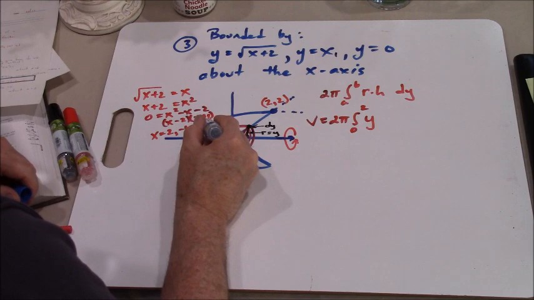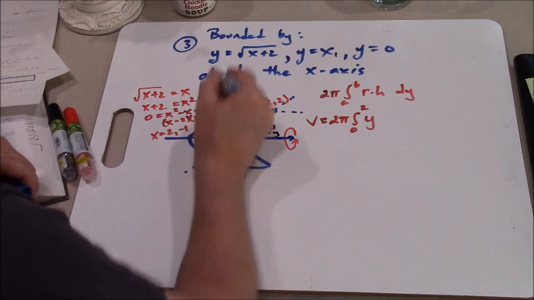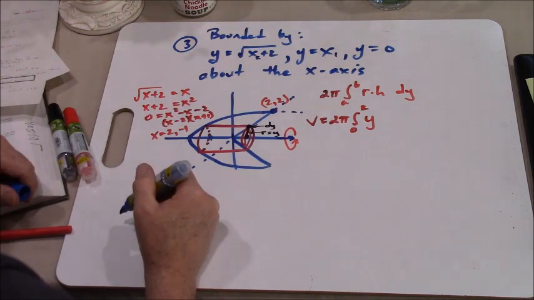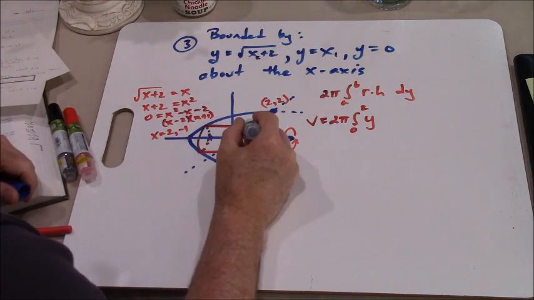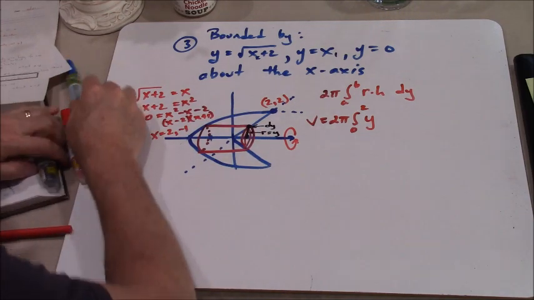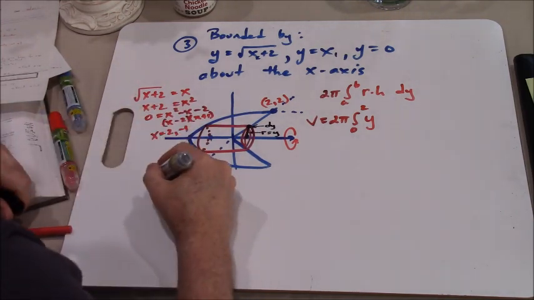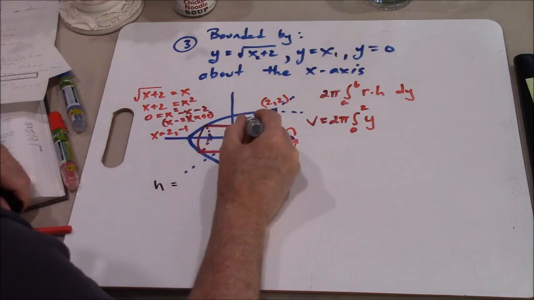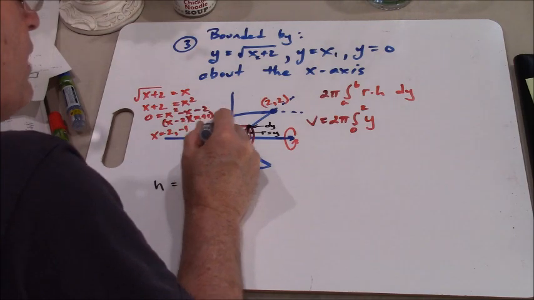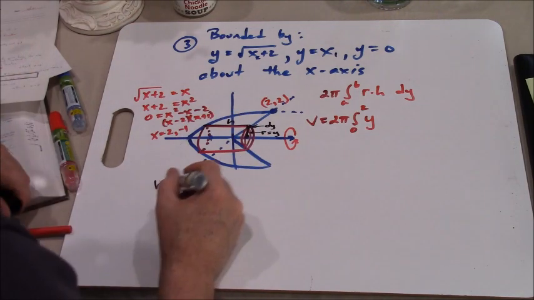Minus this x-coordinate, which is part of the square root function. I'll call that x sub 2. And so what I want is the larger x value minus the smaller one. So the height is going to be x sub 1 minus x sub 2. That's going to give me this height right here.